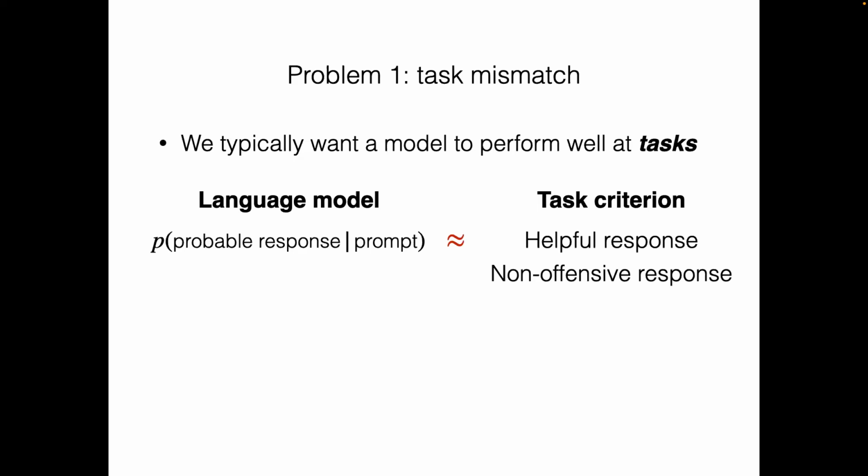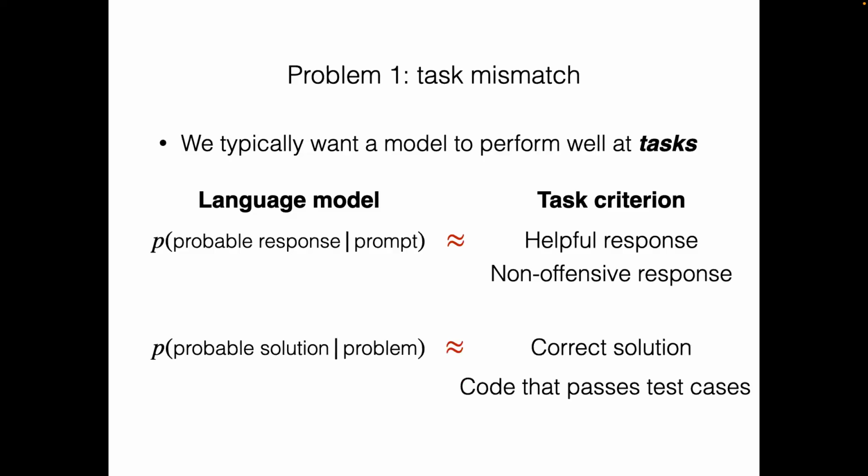For instance, we might have a dialogue system and we want it to have helpful responses or ones that are non-offensive. Or we might want to solve a problem and you really want the model to produce some correct solution. Or maybe you want the model to generate some code and you want it to be correct code, so you might run some test cases.